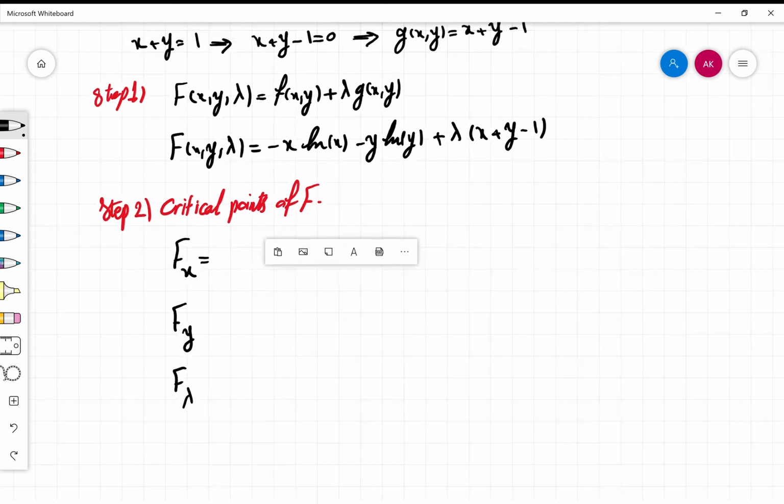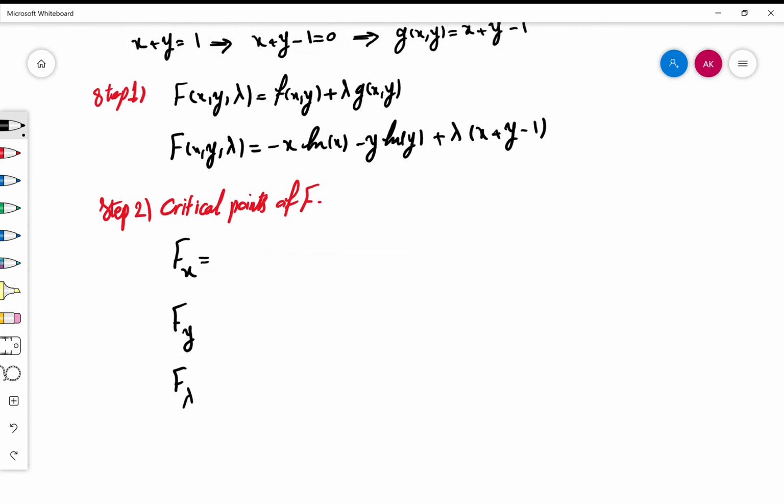So for x, we are trying to differentiate this term, d/dx of x ln x. The other part is only in terms of y, so its derivative with respect to x is 0.